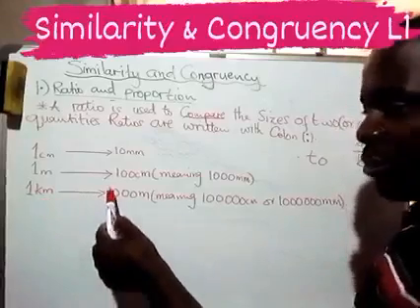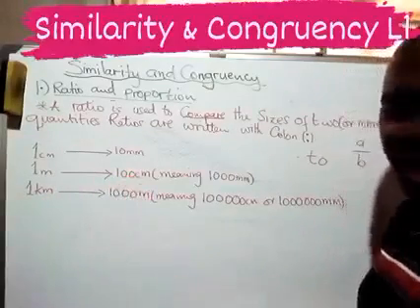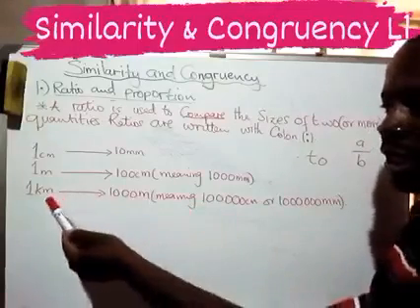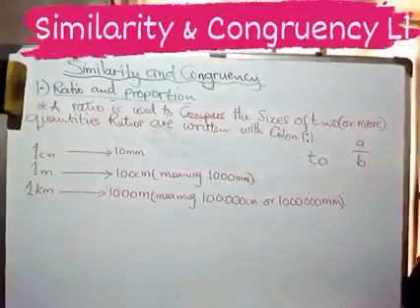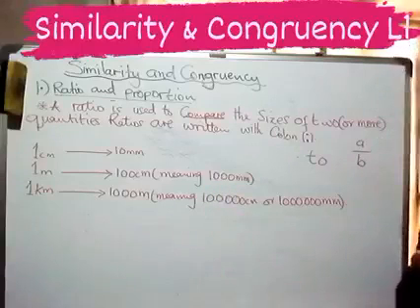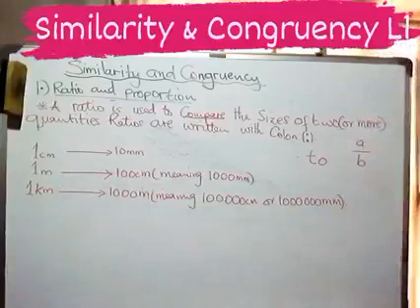Why? We just multiply 1000 by 100 centimeters to make 100,000 centimeters, which makes 1 kilometer.